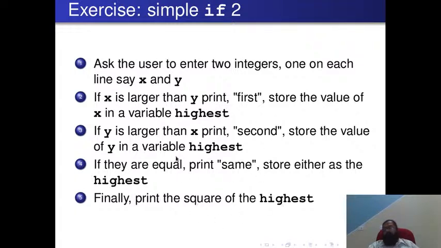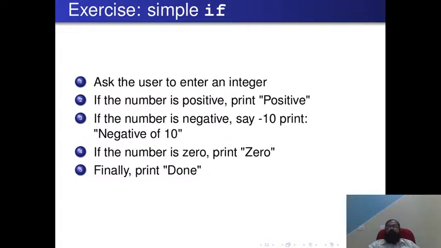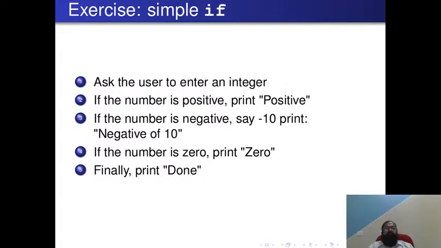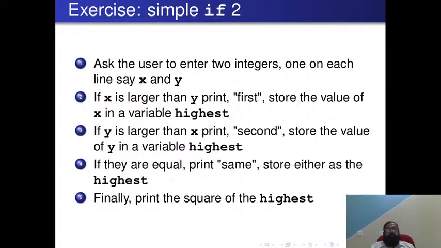So this is question 2. So you need to have the code as well as the output screenshot. Okay. So that is first exercise, simple if, then simple if 2.